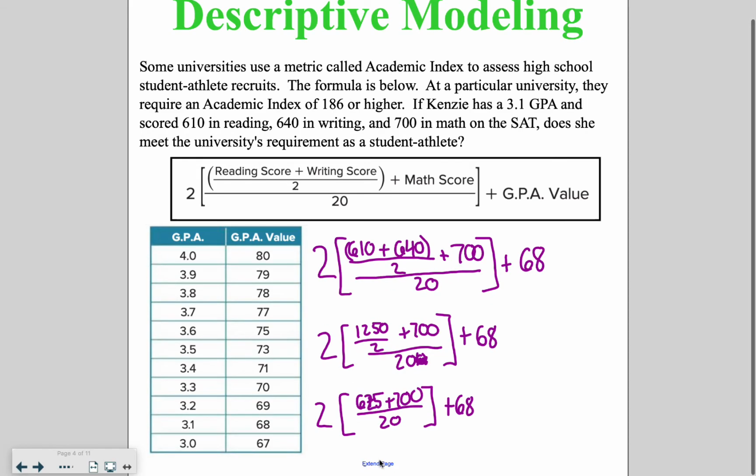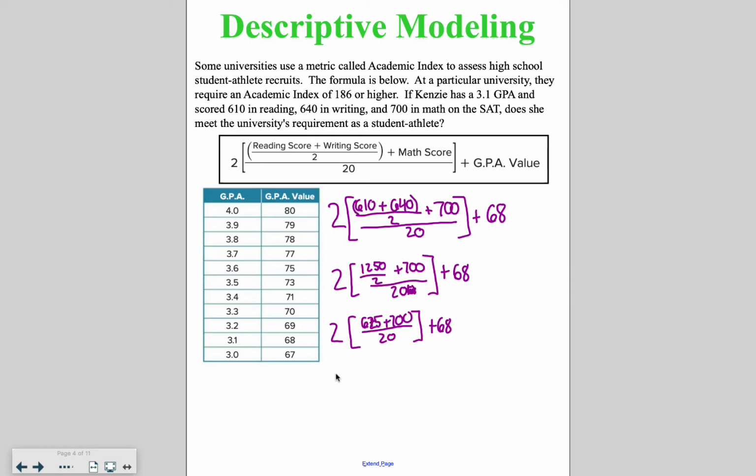As I continue, I do my 625 plus 700, which is going to give me 1,325 being divided by 20 plus 68. If I do 1,325 divided by 20, I'm going to get 66.25.